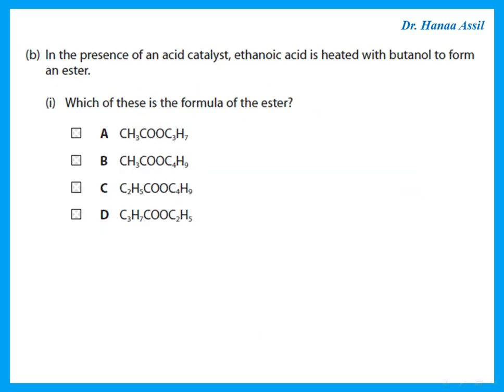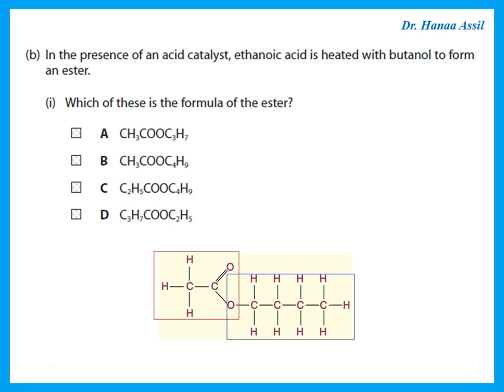Okay, in the presence of an acid catalyst, ethanoic acid is heated with butanol to form an ester. Do you remember how to draw an ester? An ester is made from acid and alcohol. And we said when we draw it, the first part is the acid. So this is from ethanoic acid. So I have two carbons with double bond O. This is the part from the ethanoic acid.